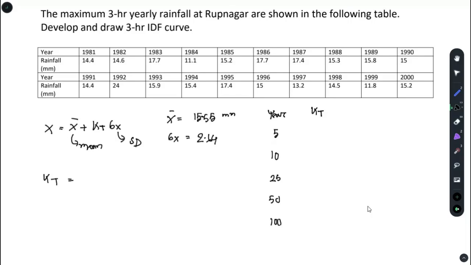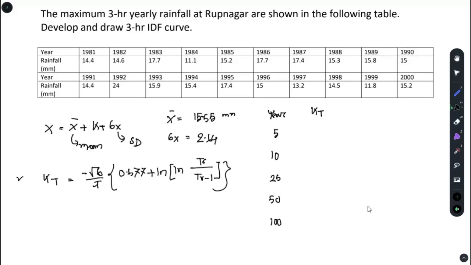I just wrote it but forgot it. It's actually, if I'm not wrong, minus root 6 over pi, times 0.577 plus ln of ln of T over T minus 1, where T is the return period.